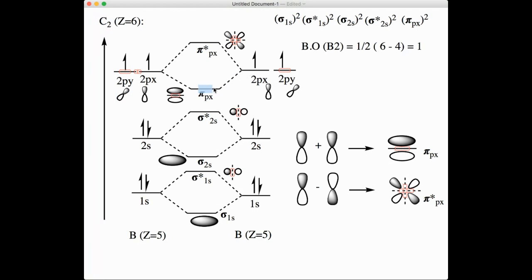So if I combine two p orbitals from one carbon atom and two p orbitals for the second carbon atom, how many molecular orbitals should I get at the very end if I combine two on two? So if I combine two on two, I must get four, right?